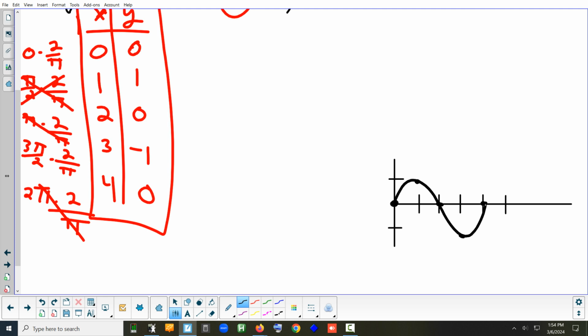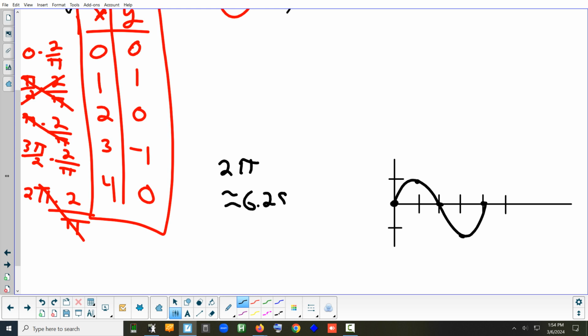So let's figure out if that's stretched or compressed. What do you normally have to go to get to a full cycle in a normal graph that's not stretched? 2 pi. What's 2 times pi roughly? Like 2 times 3.14. 6.28.